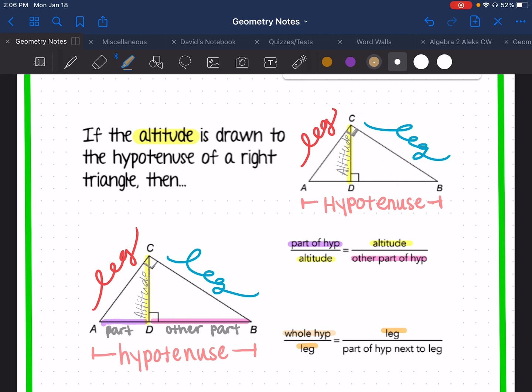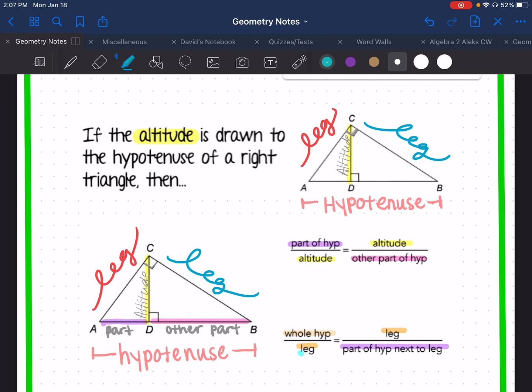And then the part of the hypotenuse next to the leg. Well, next to my orange leg is the purple part. So I would put the purple. Oop, you know what? I need to do that up above. There we go.